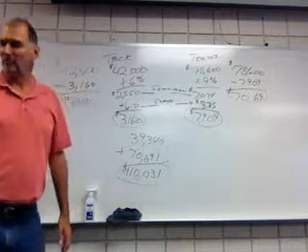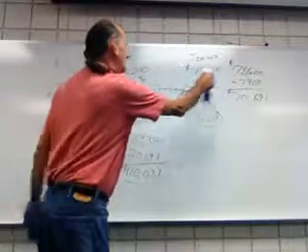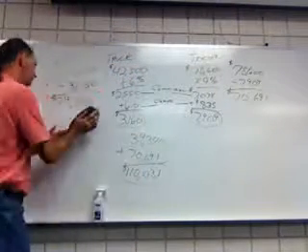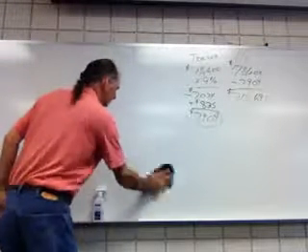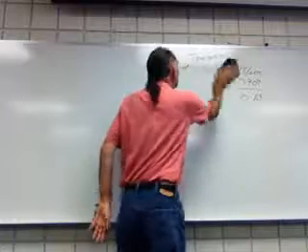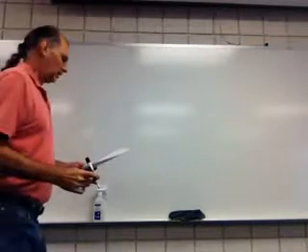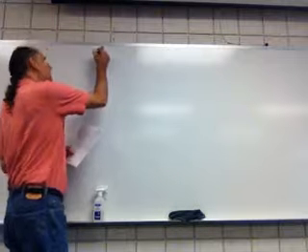Got it? Let's do one other one here, so that we all know we're on the same page. All right. Let's just make something up here. This time, let's figure out gross cost.